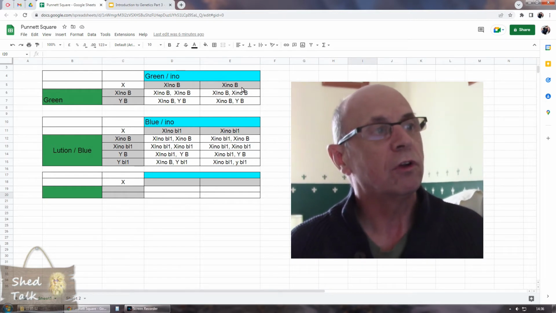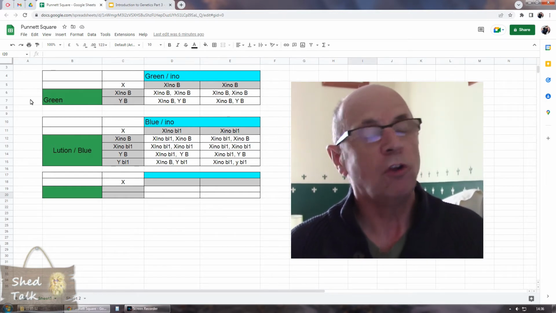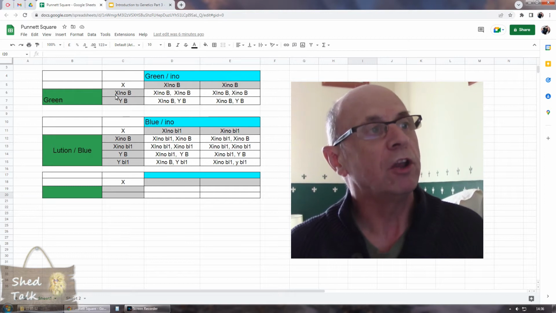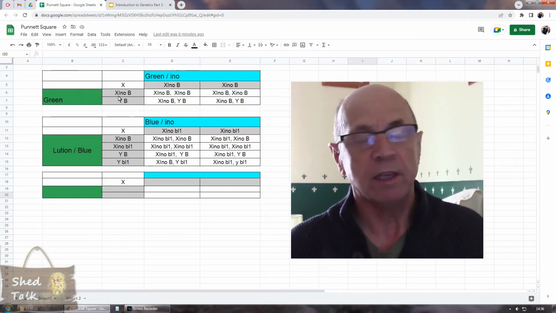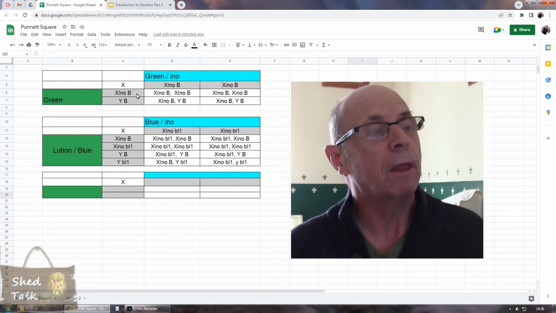And for the green hen we've got the non-mutated INO allele and the non-mutated blue allele, and then we've got the Y chromosome and the non-mutated blue allele.